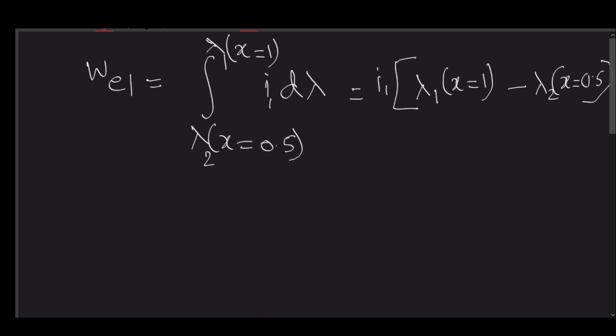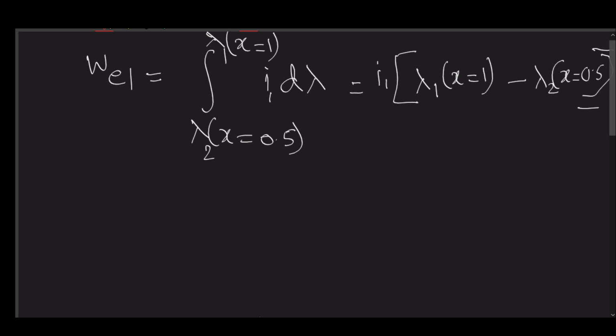Now, please note that the result of integration depends on the two terminal values of your operation, rather than the path you have chosen to reach from lambda to lambda 1, because here we are considering a lossless system.